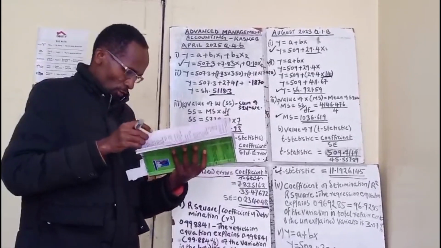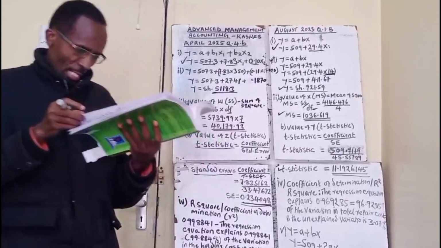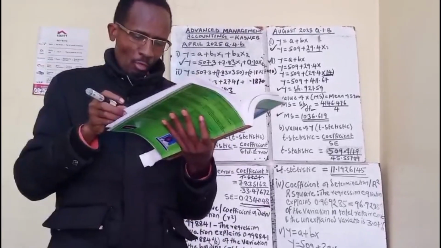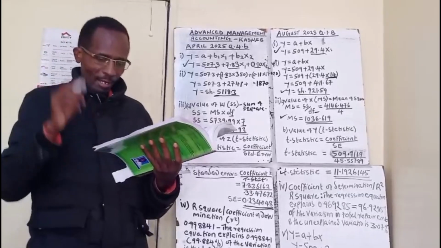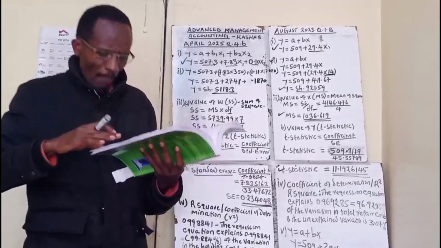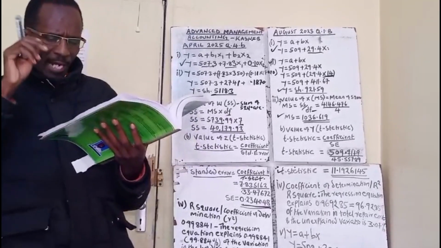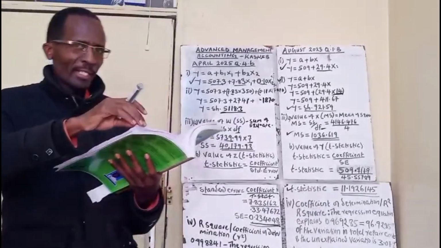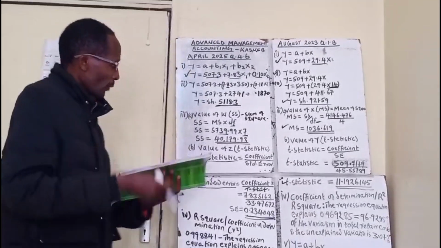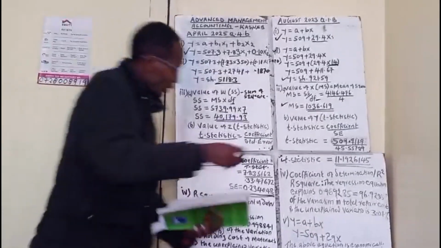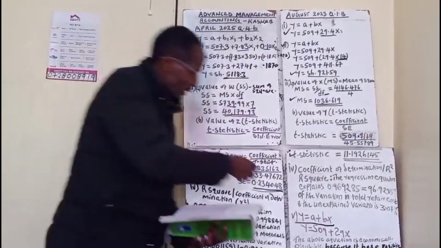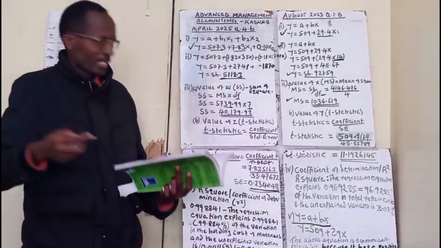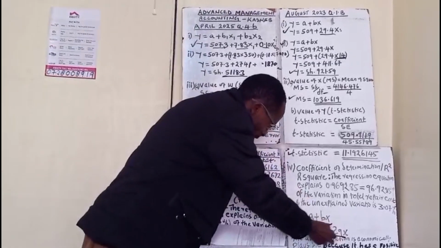Then the other question, and that's the last one: explain if the independent variable is economically plausible as a predictor variable. The meaning of plausible is, does that relationship make economic sense? In our question, the regression equation is Y equals A plus BX, Y equals 509 plus 29X. So this is a positive slope.